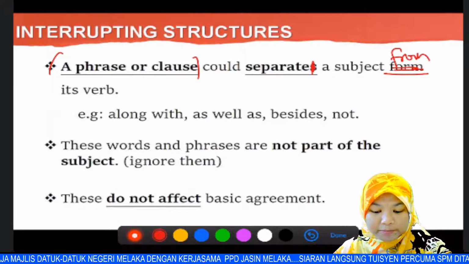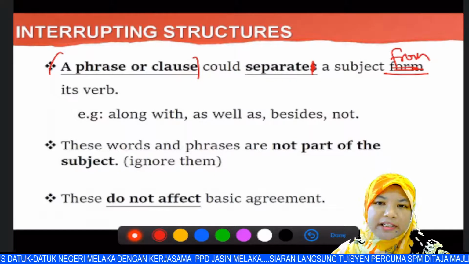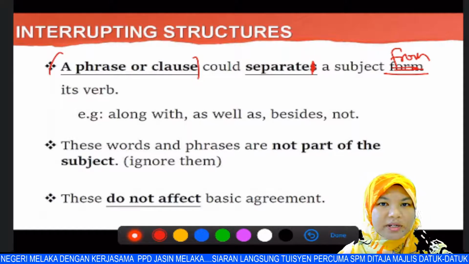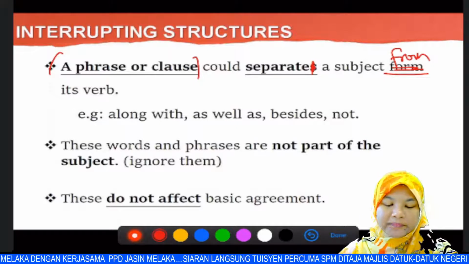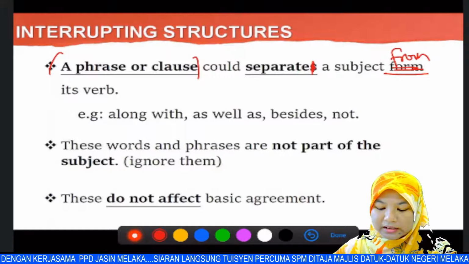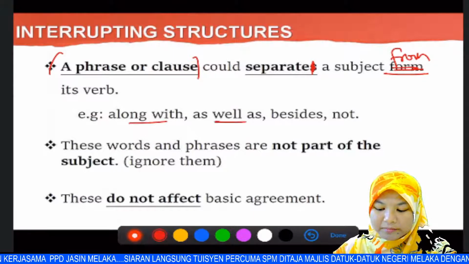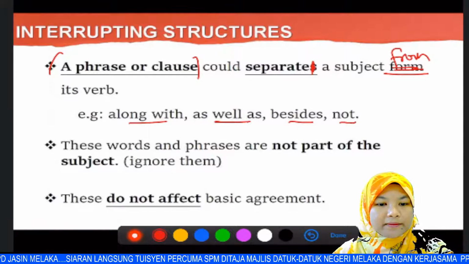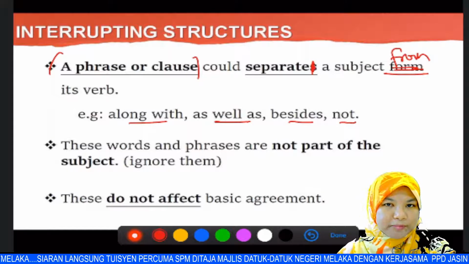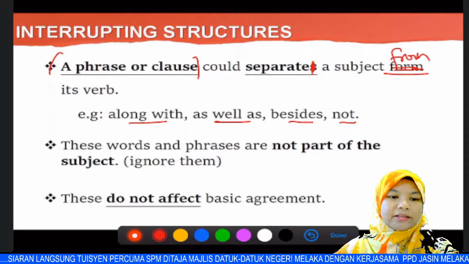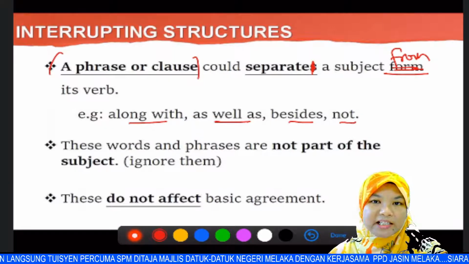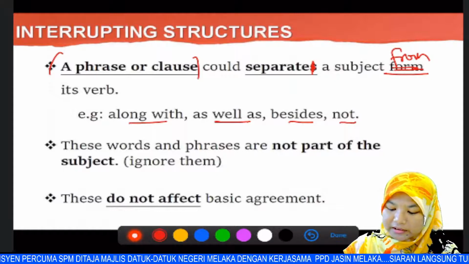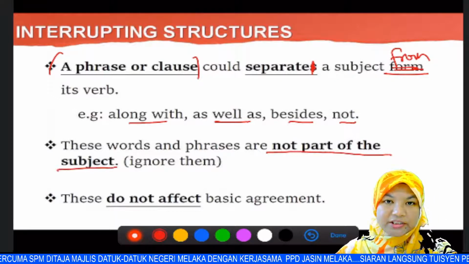Examples of phrases or clauses that might appear in your sentence are only a few; there are more to it. We have along with, as well as, besides, not, and so on. Whatever it is, you need to keep in mind that these words and phrases are not part of the subject. Pay attention to this.